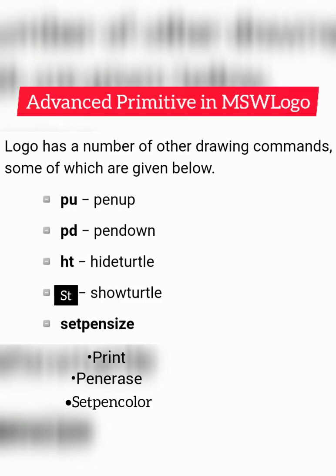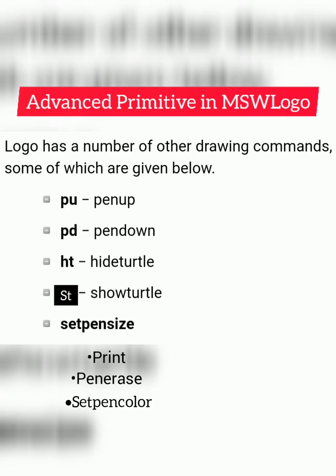HT, hide turtle. It is used to hide the turtle on the screen. The short form of the hide turtle primitive is HT. ST, show turtle. The show turtle primitive is used to bring back the turtle on the screen.